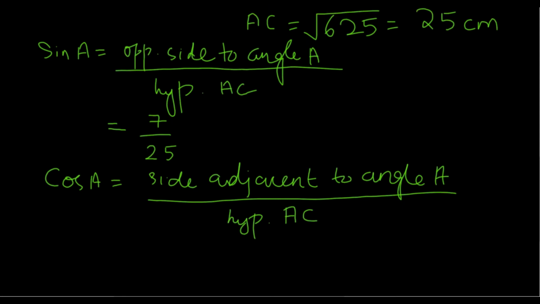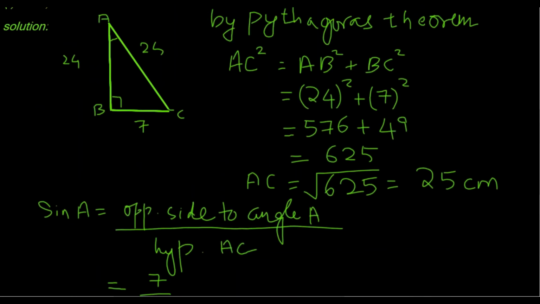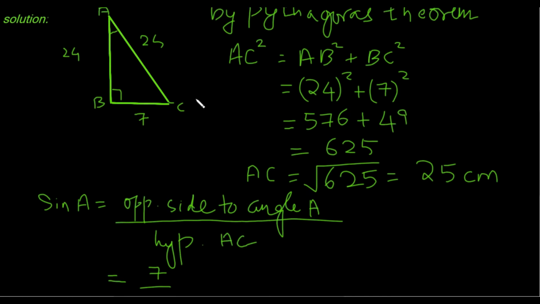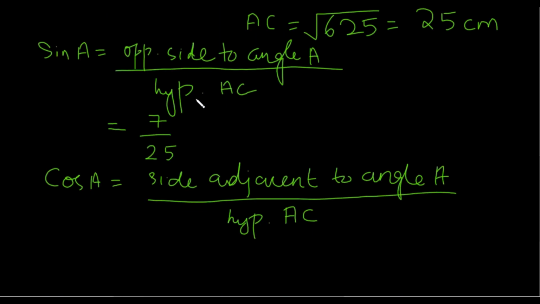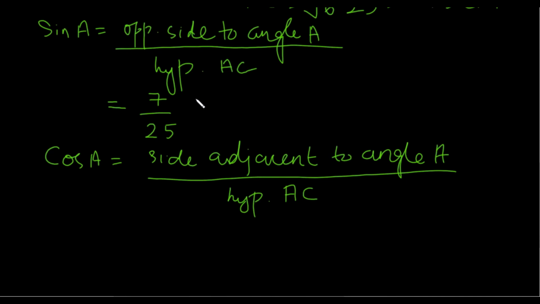The side adjacent to angle A is shown in the figure. So the side adjacent to angle A is AB, which is 24 centimeters. So now let's enter the value in the equation given below. Cos A is equal to 24 divided by the hypotenuse side, as we found, 25 centimeters. That's all, students. It is going to be cos A is equal to 24 divided by 25.